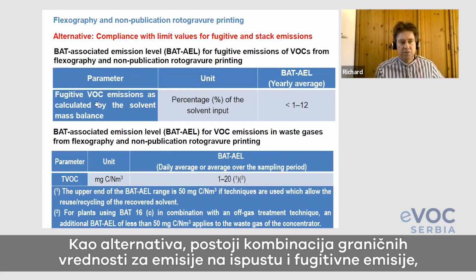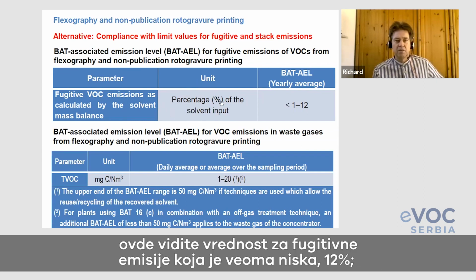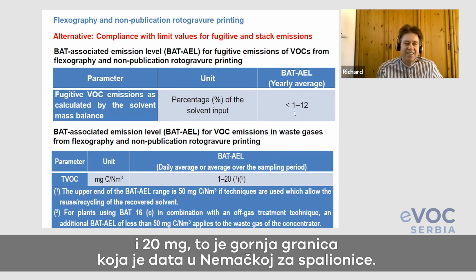Yeah, and here you see as an alternative the combination between stack emission and fugitive emission. You see here the value for the fugitive emission is very low, 12%. And you see 20 milligram, that is the upper level, that is the limit value we have here in Germany for thermal oxidizers.